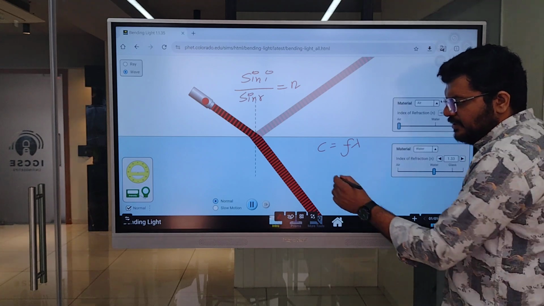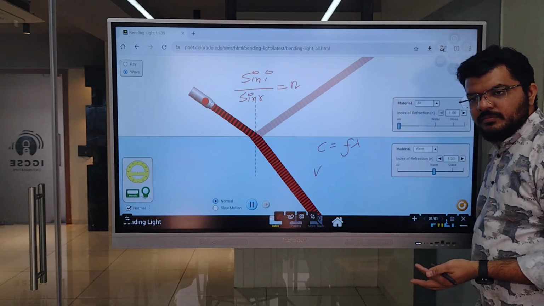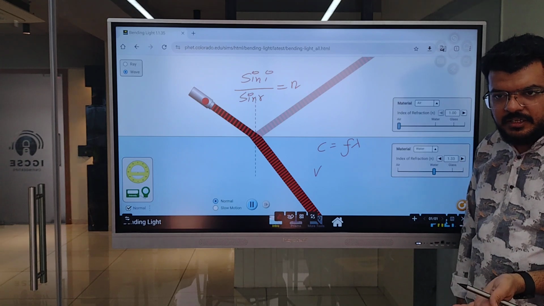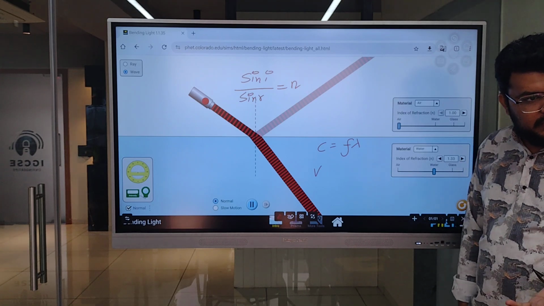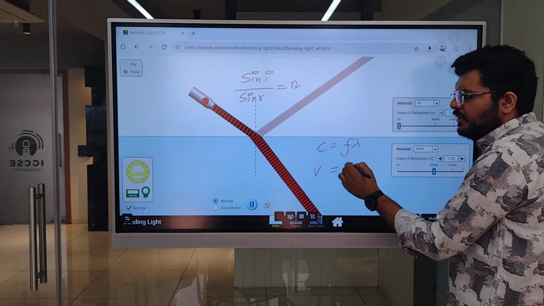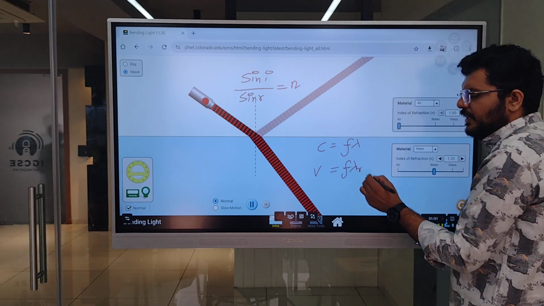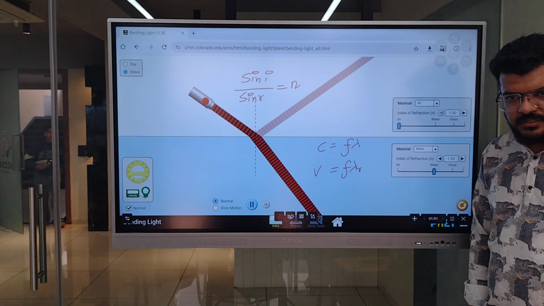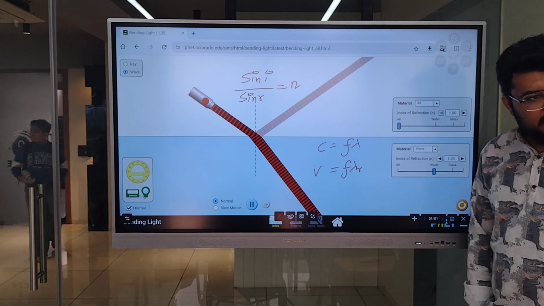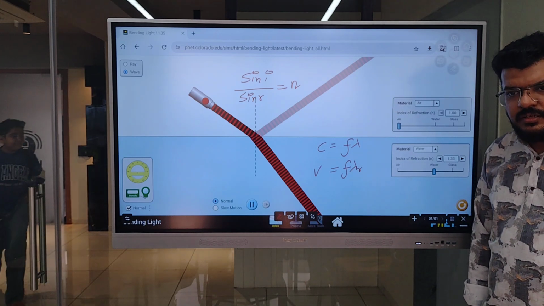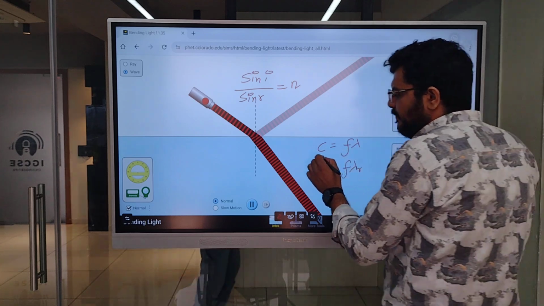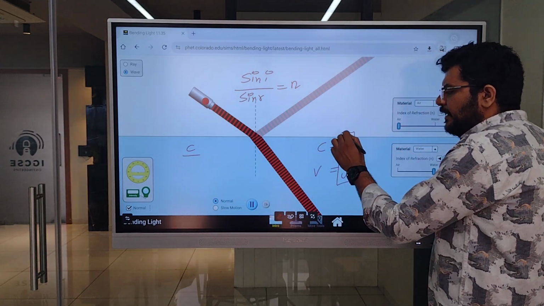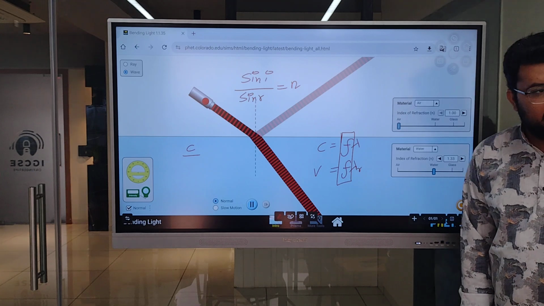And speed of light in another medium, because it decreases, that is why it bends, right? So it will have a different speed, and clearly it has a different wavelength. So can I write lambda r, that is the refracted wavelength or wavelength after refraction? So can I find the ratio over here, that C, and we already remember that frequency does not change.